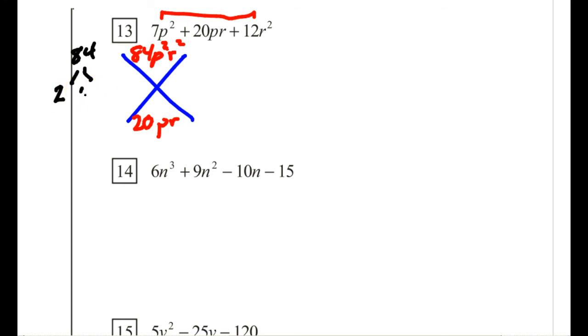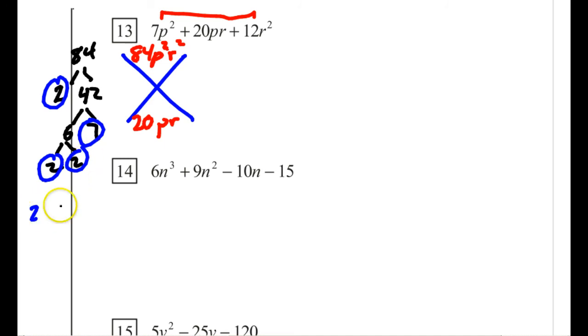So you might have to break down 84 to help yourself out. 84 is 2 times 42. 42 is 6 times 7. 6 is 2 times 3. So you're looking for different combinations of your primes that might multiply and then add up to 20. That's 2, 2, 3, and 7.